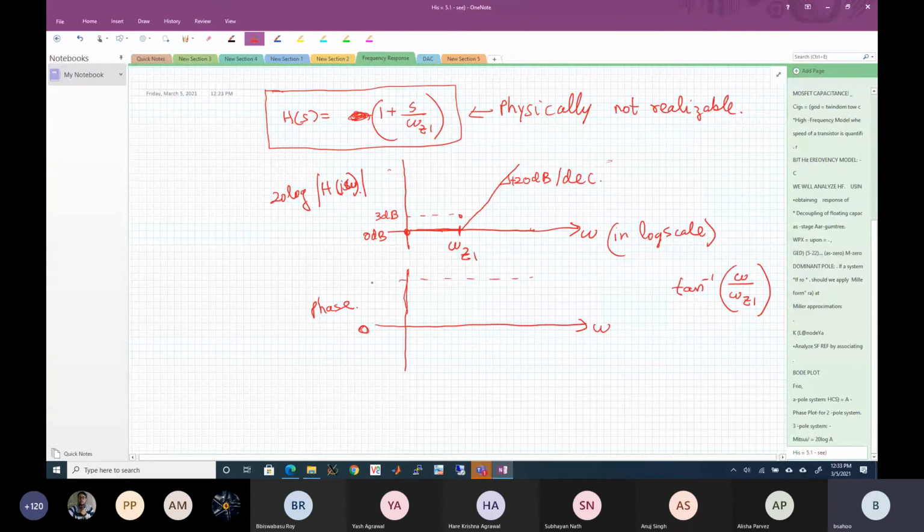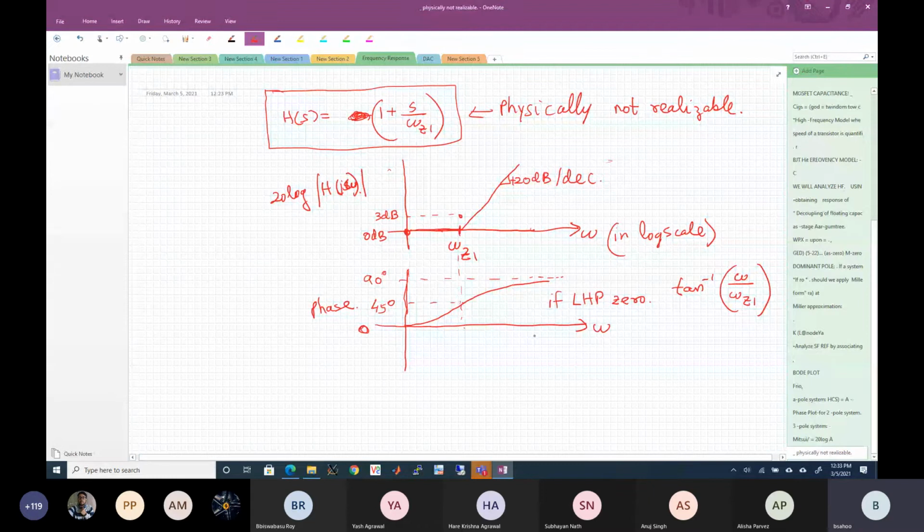At omega equal to omega z1, I will get a 45 degree phase shift. So I will asymptotically approach 90 degree. This is for a left half plane zero. Is that correct? All of you with me?